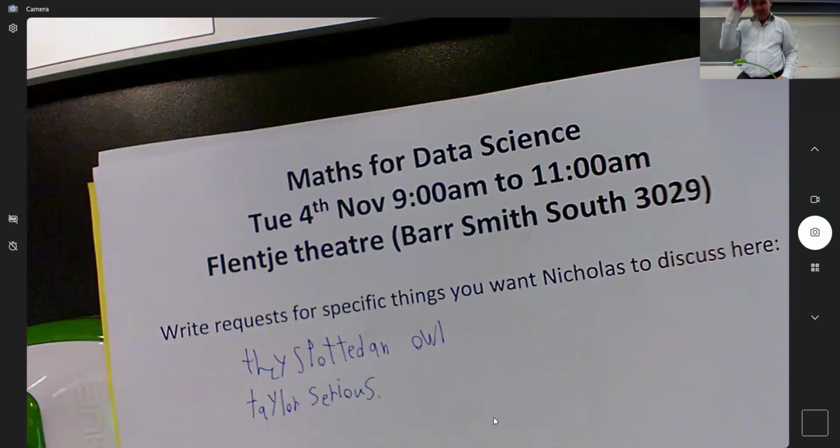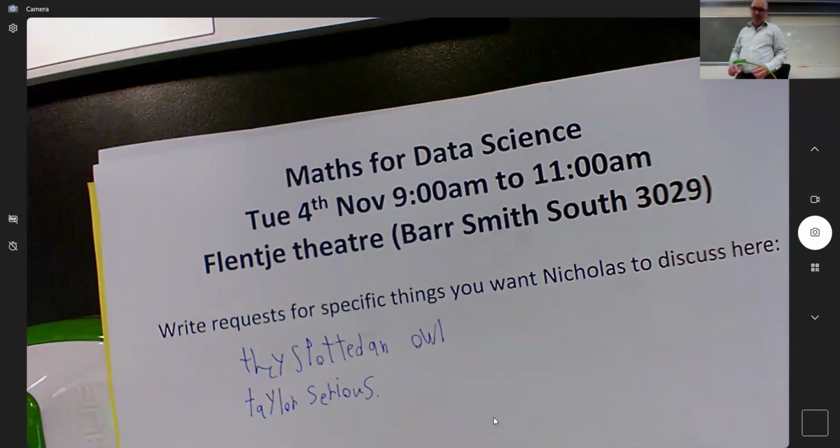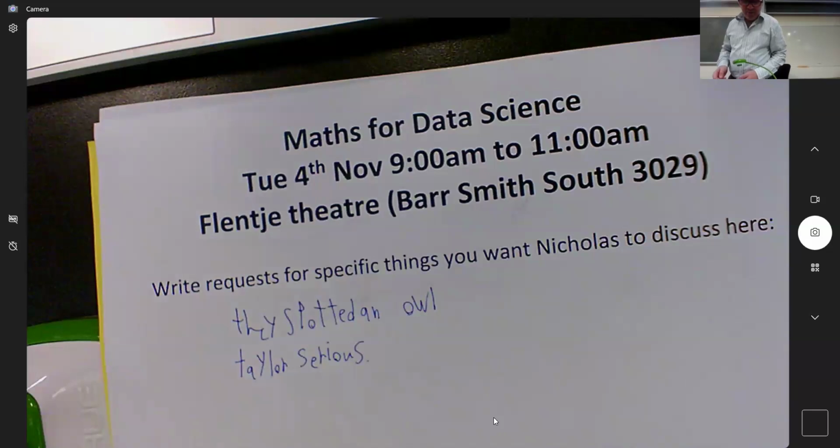So I'm going to point out the fun thing that someone left behind for me. Someone very carefully, I'm going to assume they mean they spotted an owl and Taylor series. We can do Taylor series.